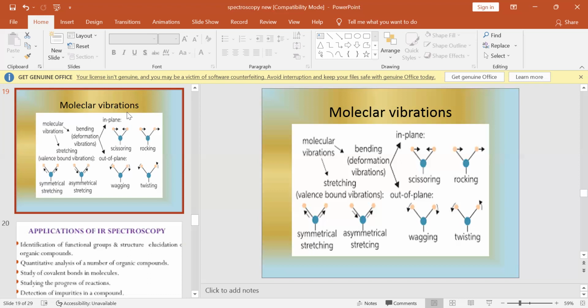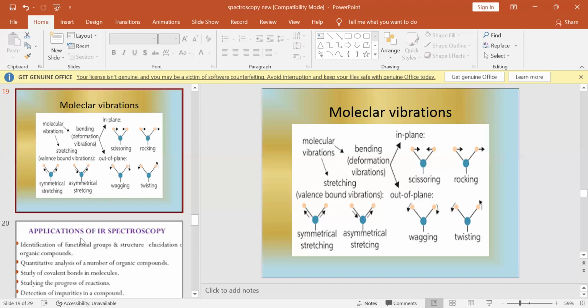If the molecule is non-linear, the formula is 3n minus 6. For example, C6H6 is a non-linear molecule. It has 12 atoms, so we apply the formula 3n minus 6. In place of n, we substitute 12. If you calculate that, we get 30. That indicates 30 molecular vibrations are possible.